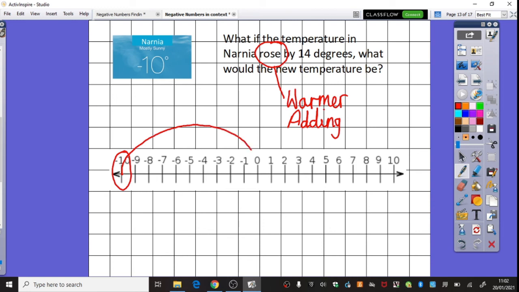So I'm going to add on 10 to start with, and if I think about my 14, if I've added on 10 already to get me to 0, I'm going to need to add on another 4 to have altogether added on 14 degrees. And so the answer, the new temperature, would be 4 degrees Celsius, much warmer than minus 10. That would be the new temperature.